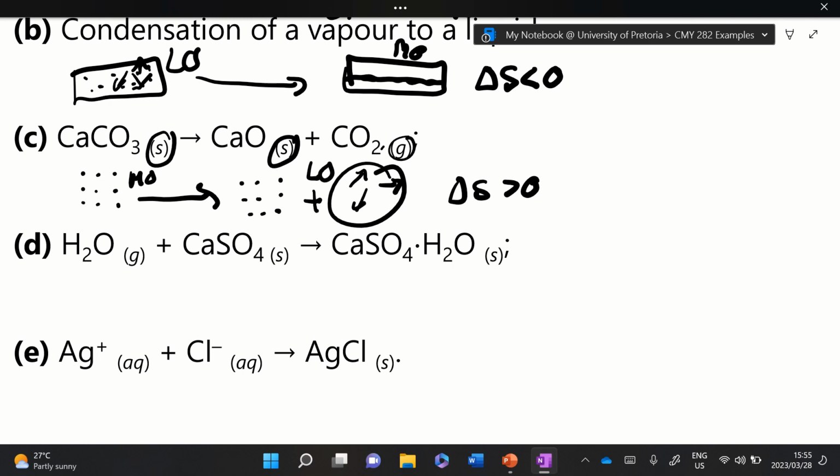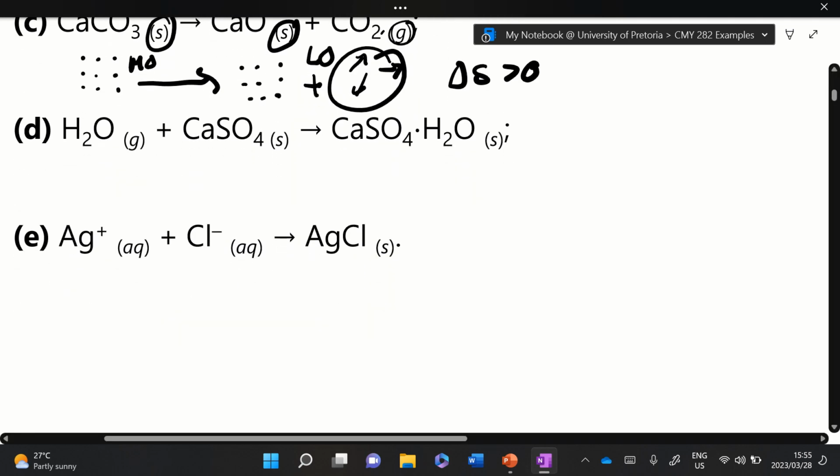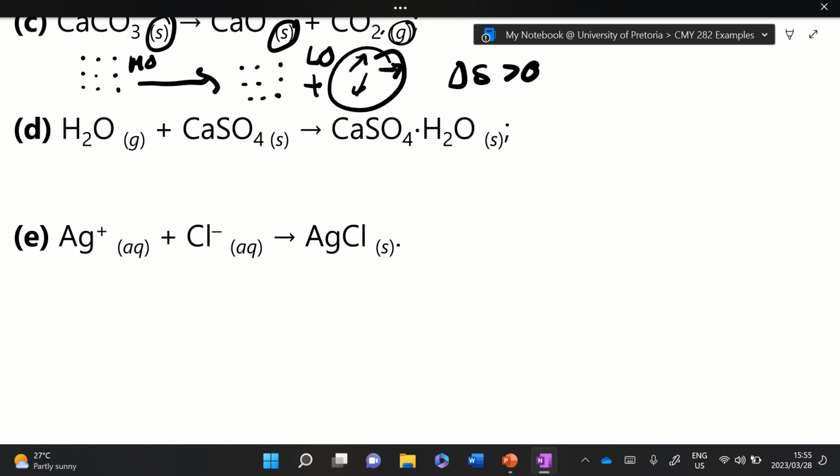Right, so in other words, an associated increase in the entropy, because entropy is a measurement of the disorder in a system. So in other words, its change measures the increase or decrease in this order. Right, another example: gas, solid, solid.